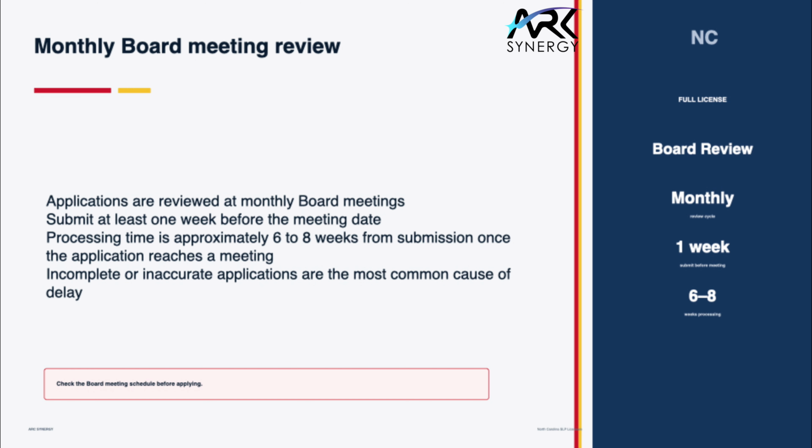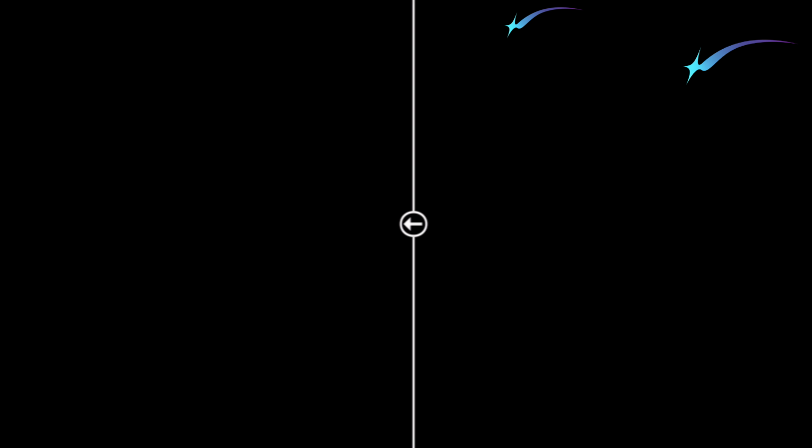You can check the board's website for the meeting schedule before you apply. The current processing time once your application reaches the meeting review is approximately 6 to 8 weeks from submission. Of course, incomplete and inaccurate applications are the most common delays the board reports.